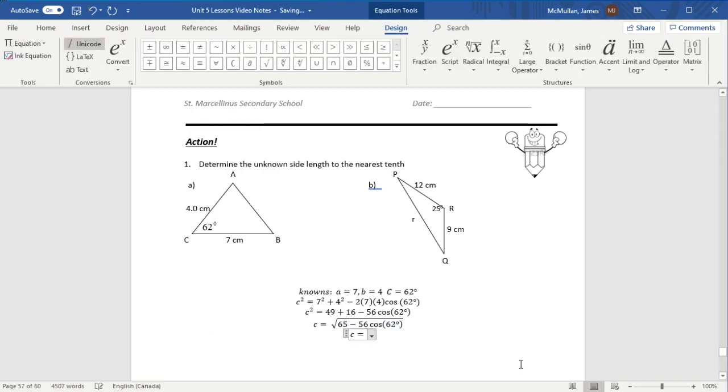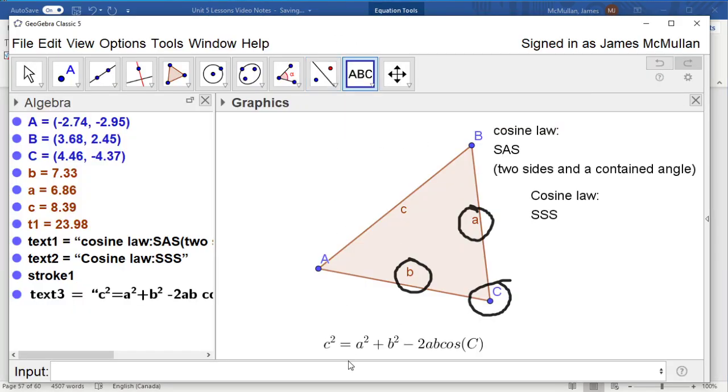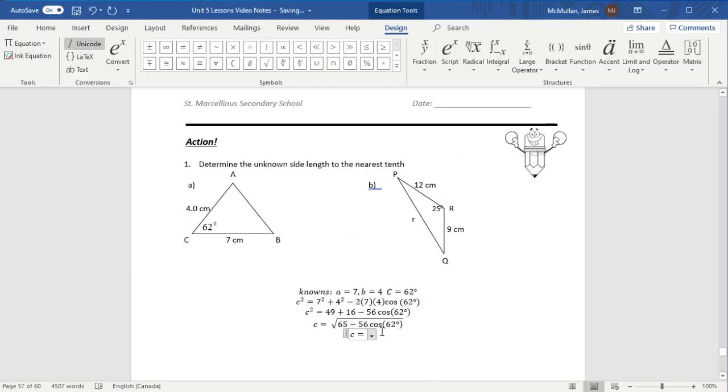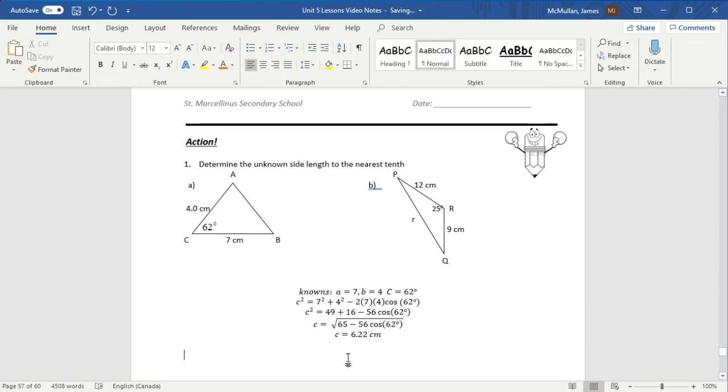And therefore C is equal to, let's bring this up a little bit. Okay, so square root 65 minus 56 cos 62 gets 6.22 centimeters.